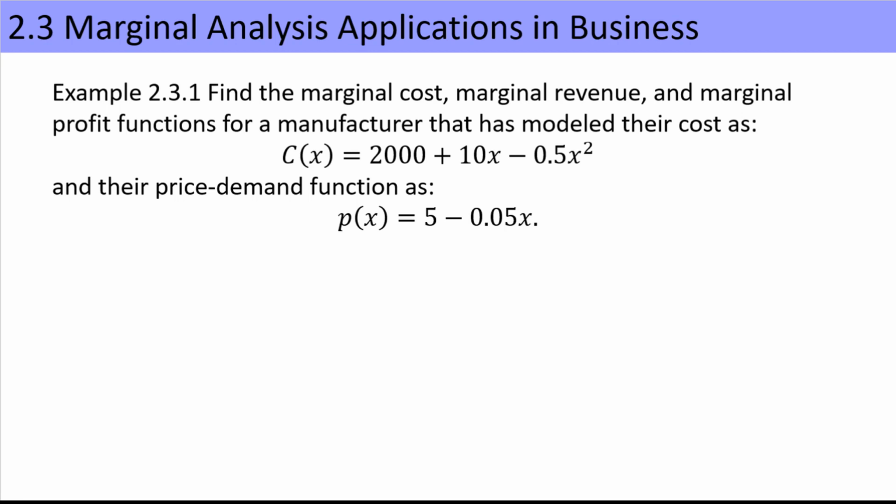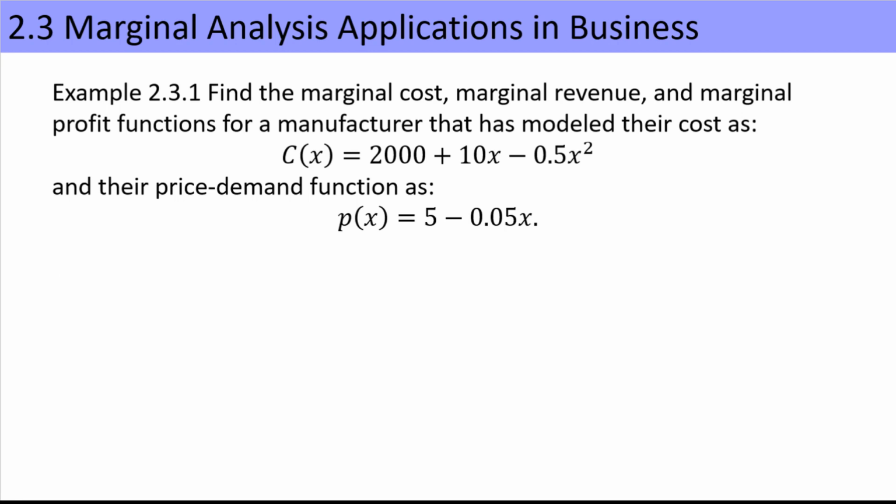Example 2.3.1. Find the marginal cost, marginal revenue, and marginal profit functions for a manufacturer that has modeled their cost as C of x equals 2,000 plus 10x minus 0.5x squared, and their price demand function as lowercase p of x equals 5 minus 0.05x.